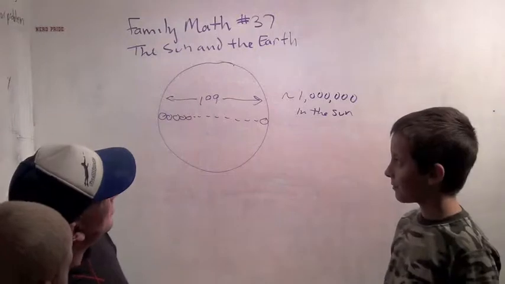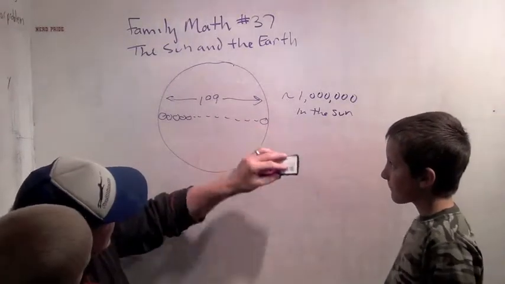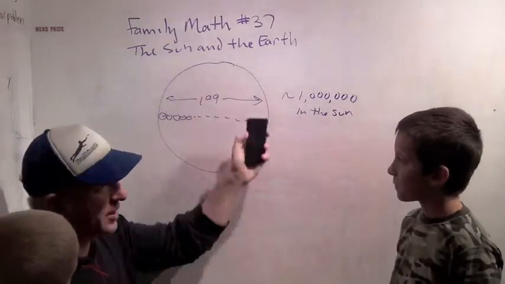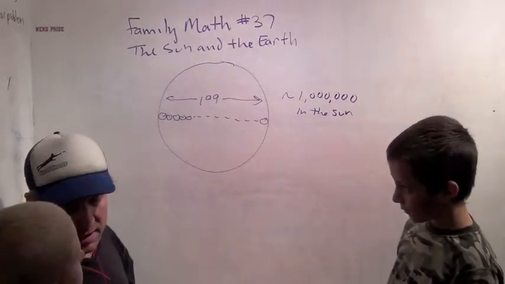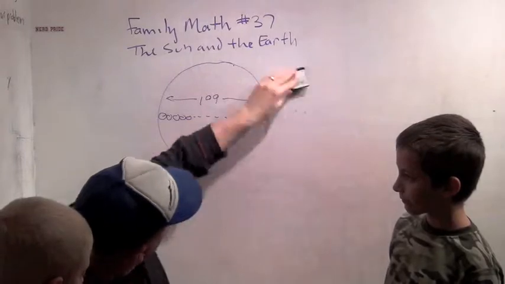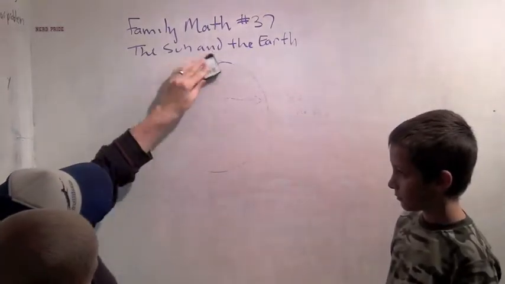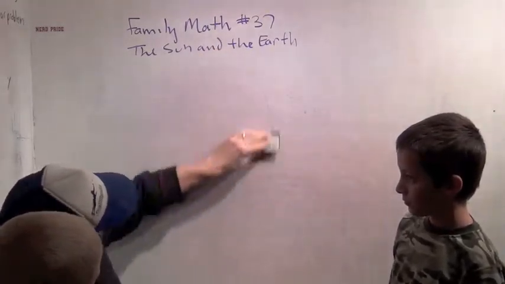So, okay, first of all, we need to talk about volume. That's how you figure out how many things can fit inside of something else, right? Yeah. Okay, so the easiest thing to talk about for volume is like a box.